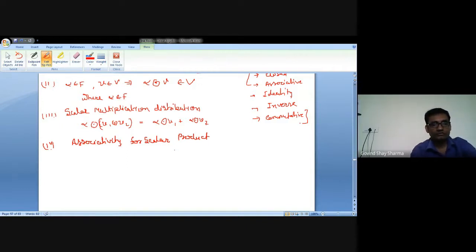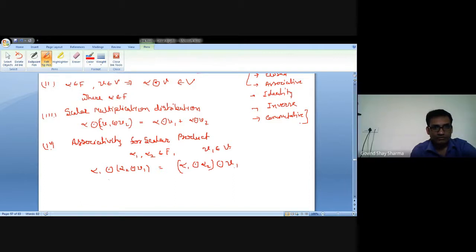That means alpha 1 and alpha 2 are two elements of F and v1 belongs to V, then (alpha 1 dot alpha 2) dot v1 is equal to alpha 1 dot (alpha 2 dot v1).